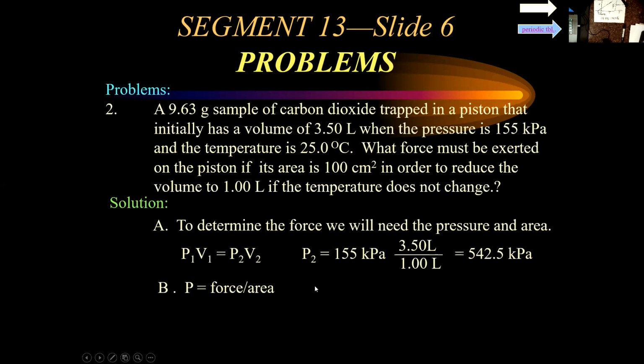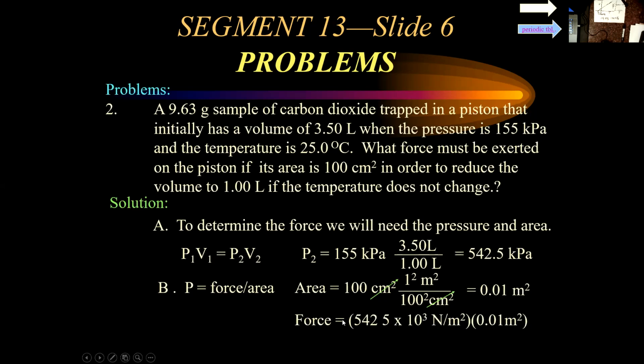Now, pressure is force over area. So let's put in what we know. We've got the area of the piston, it's 100 square centimeters, and we've got to convert that to meters. So that's 0.01 square meters. So the force is the pressure we calculated up here, 542.5 kilopascals.